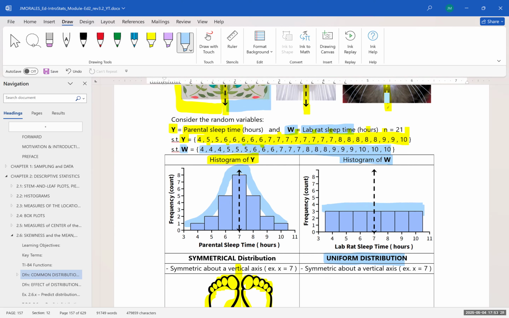This is a different distribution shape, but it too is symmetrical, because if you were to draw a line of symmetry down the middle, it's the same on the left-hand side of that line as it is on the right-hand side. By coincidence, these two distributions have lines of symmetry at x equals 7.